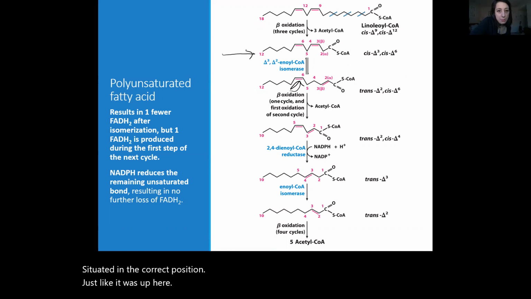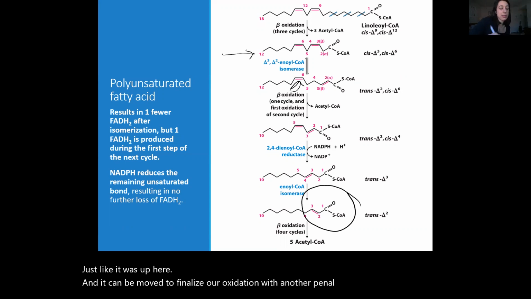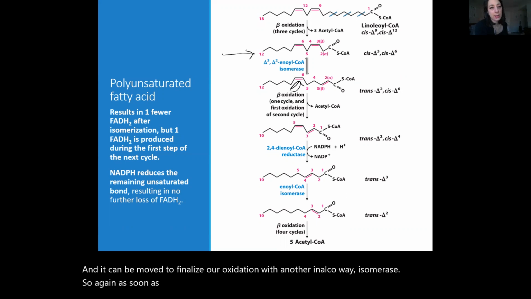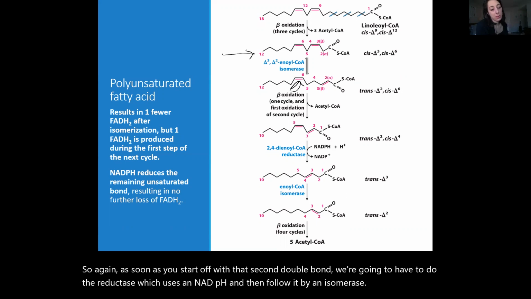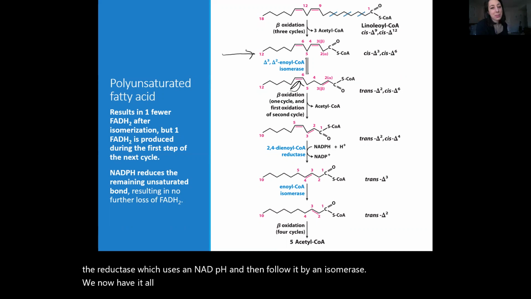And it can be moved to finalize our oxidation with another enoyl-CoA isomerase. So again, as soon as you start off with that second double bond, we're going to have to do the reductase, which uses an NADPH, and then follow it by an isomerase. We now have it all situated to go into the rest of beta oxidation for the rest of the cycles and generate the acetyl-CoA.